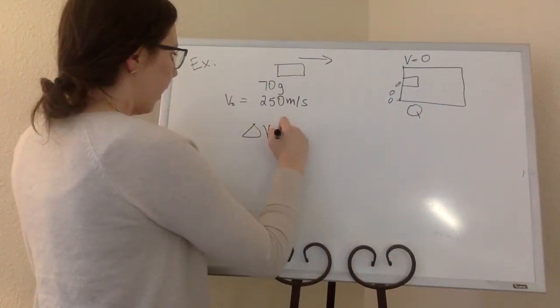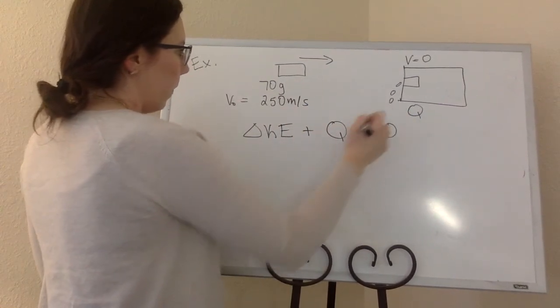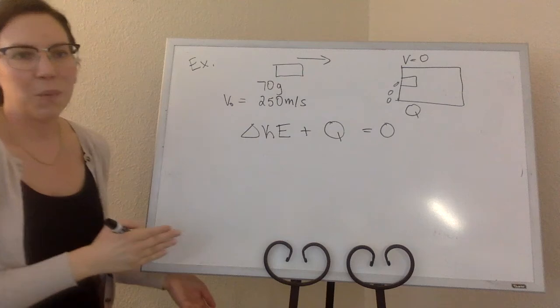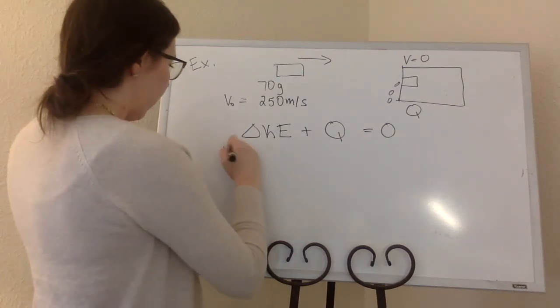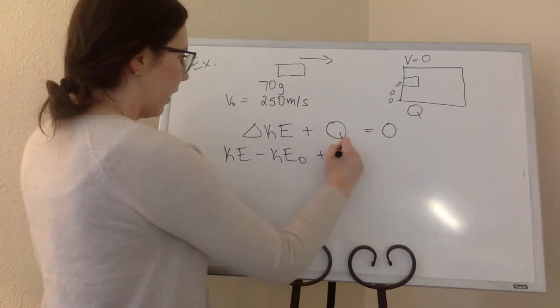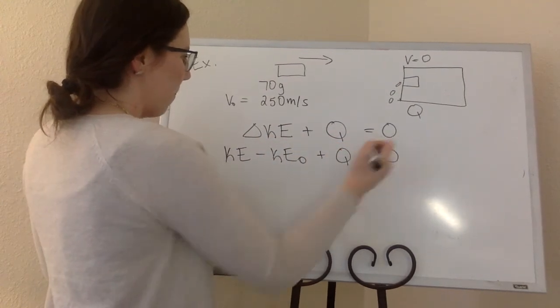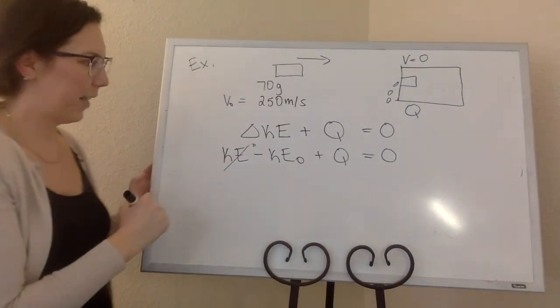So we have delta KE plus Q equals 0. We don't write delta Q, but Q does mean a change in energy or a transfer of energy. So KE final, it's a conservation of energy question, minus KE initial plus Q equals 0. And the bullet ends up at rest, so KE final is 0.